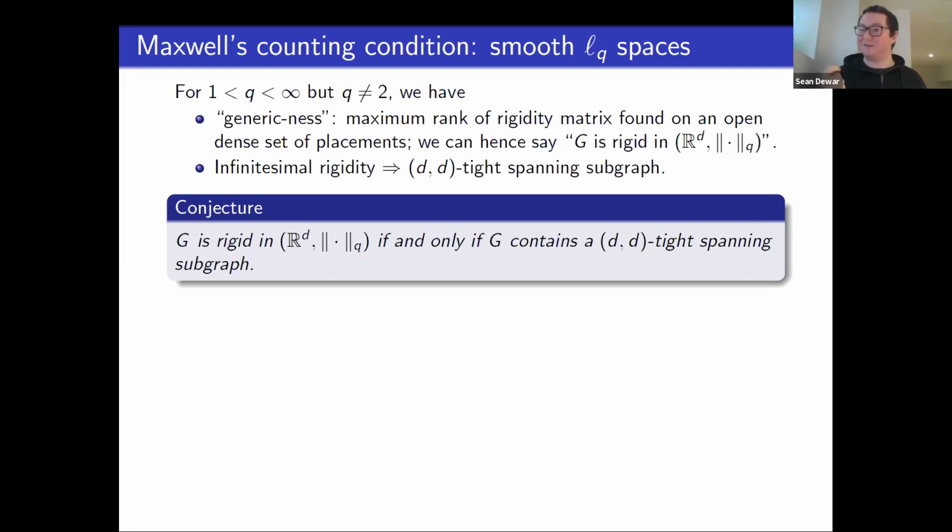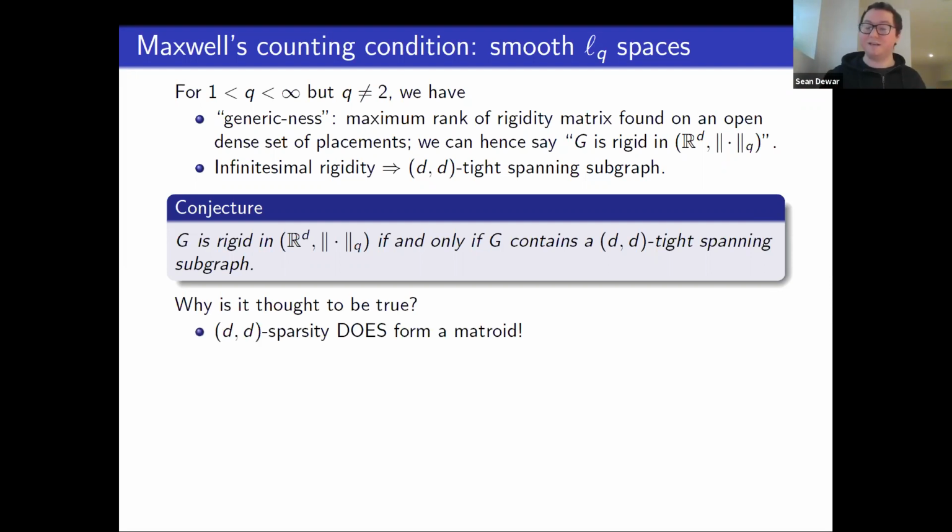So why do we believe this is true, but it's not true in the Euclidean case? Most importantly, dd sparsity does form a matroid, which is a very useful result.